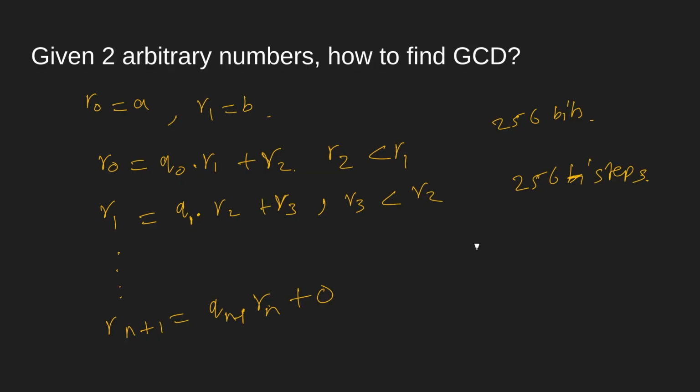This is something like a logarithmic factor, but you can look it up. The term you have to search for is the time complexity of the Euclidean algorithm, and you can come to this conclusion.